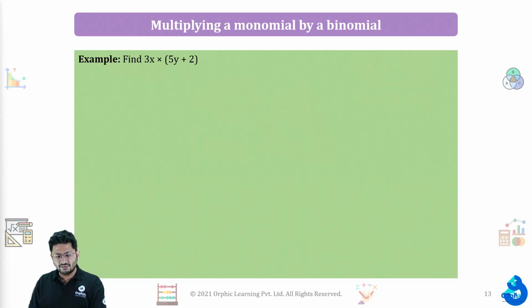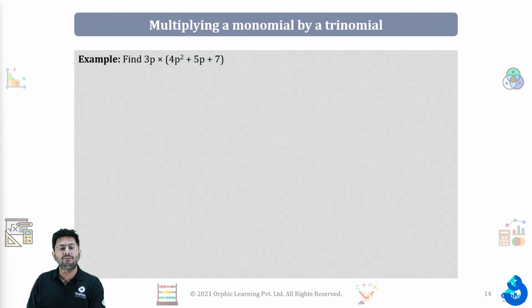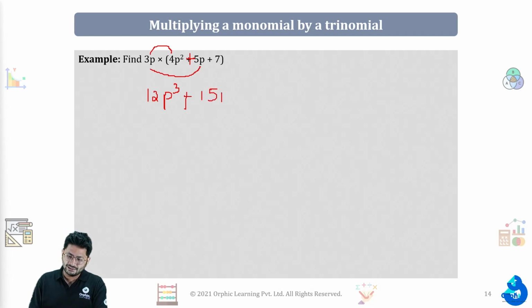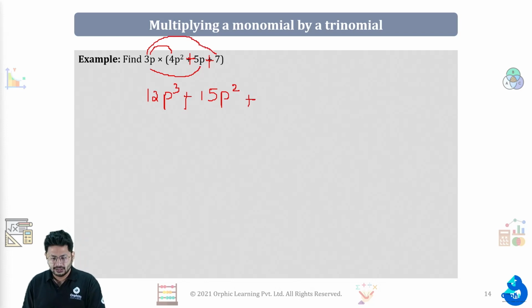Now in the next question, we are going to do the multiplication of a monomial by a trinomial, and we'll apply the same method. तो देखते हैं, 3p into 4p square, तो क्या बना? 12p cube, फिर ये प्लस वाला साइन, देन 3p into 5p, क्या बनेगा? 15p square. Then again this mathematical operator will appear, and finally 3p into 7, which is 21p. This is how we open a bracket for the multiplication of a monomial with a polynomial.